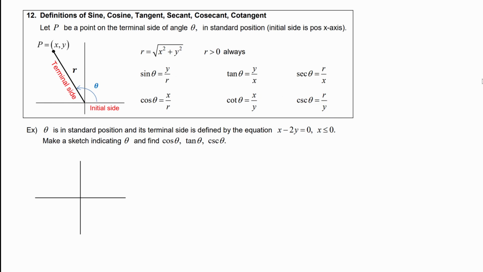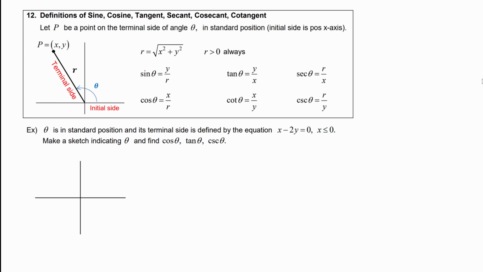Example. Theta is in standard position and its terminal side is defined by the equation x minus 2y equals 0, where x is less than or equal to 0. Make a sketch indicating theta and find cosine theta, tangent theta, and cosecant theta.